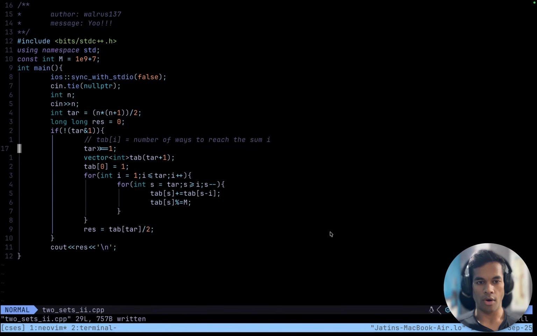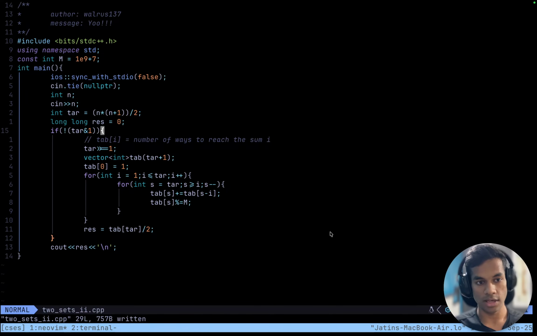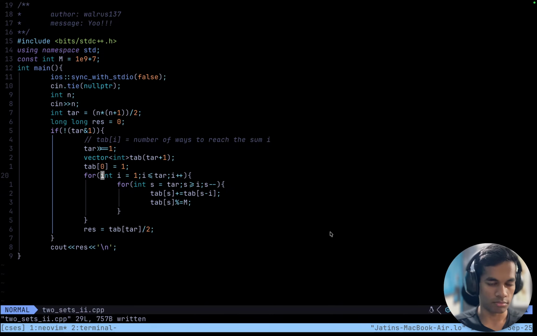Still wrong. If tar is even, which is n into n plus 1 divided by 2, if this thing is still even, which is what we are checking here, and then do this.